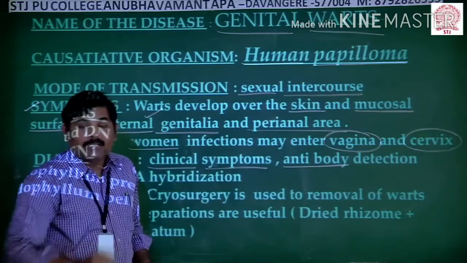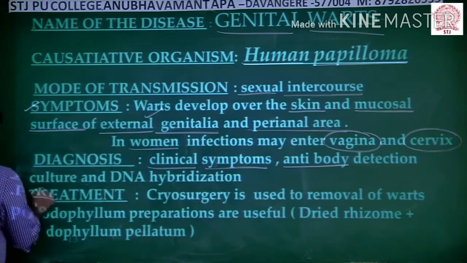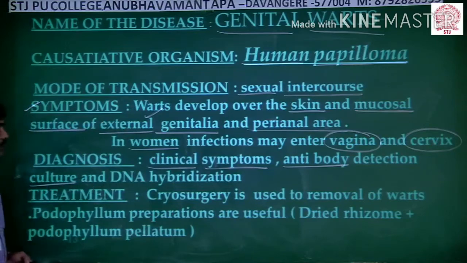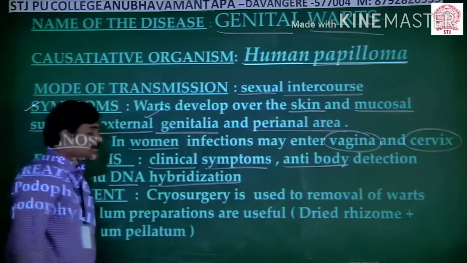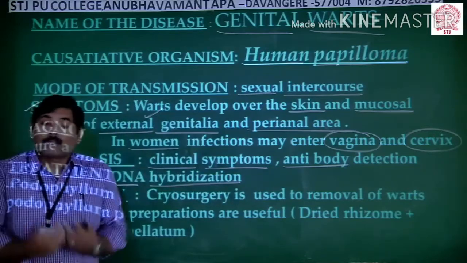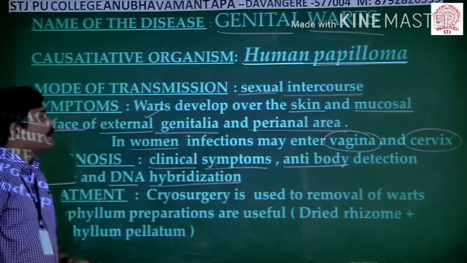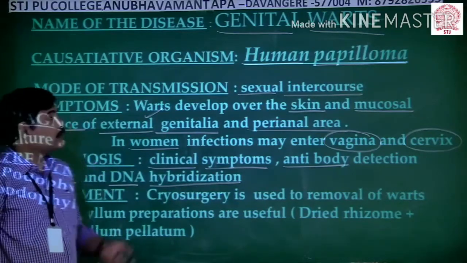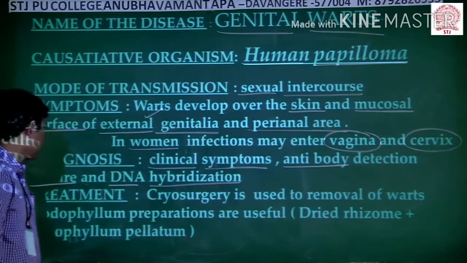By observing those antibodies, you can get confirmation of the disease. Thereafter, culture of the pathogens. Thereafter, DNA hybridization: the genetic material of the pathogen can be hybridized. By studying the genetic material, you can come to know the causative organism so that we can confirm the type of disease he is suffering from.